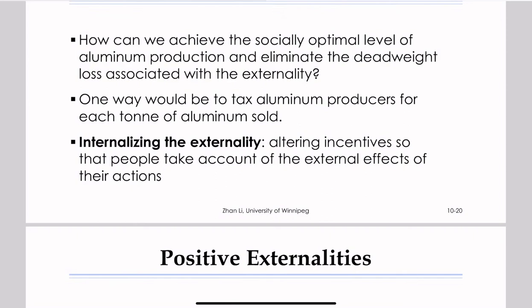So basically, internalizing the externality means you're using tax to change people's incentives and make them consider the external effect of their actions. Once they start considering the external effect of their actions, their choice will actually push the equilibrium to this social optimum level.